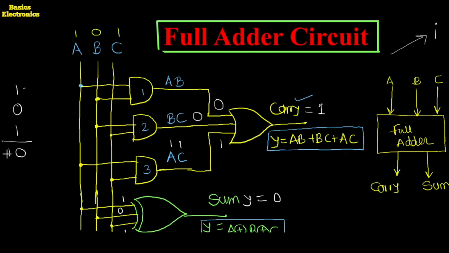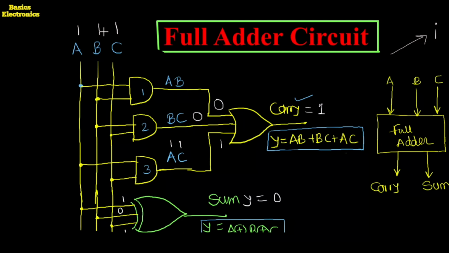Now if we apply different inputs, for example, suppose A equals 1, B equals 1 and C equals 1. The three binary bits we have to add are 1, 1, 1.